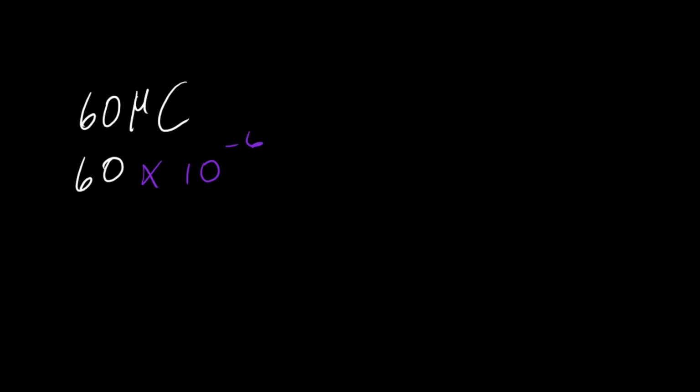Now let us look at another different unit conversion. 60 micro coulombs. Now we know that micro, it's times 10 to the power negative 6. Now simply punch this on your calculator.